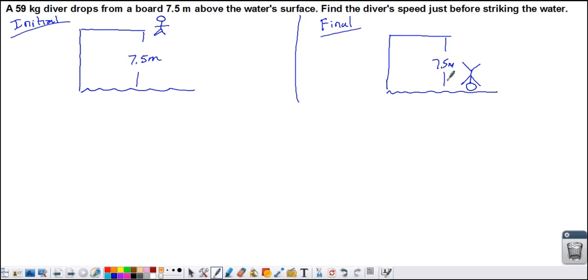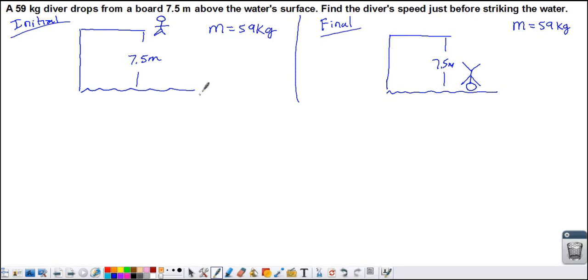Well, we know that the diver has a mass of 59 kilograms. And that mass is not going to change as they fall, so you can go ahead and write that down for their final condition as well. We know they're starting 7.5 meters above the water's surface.